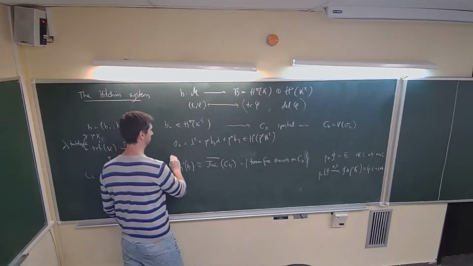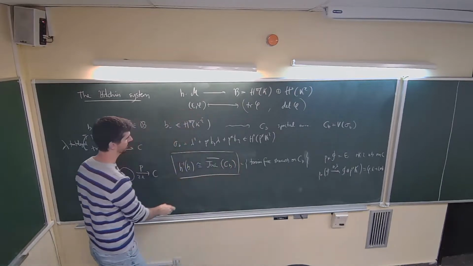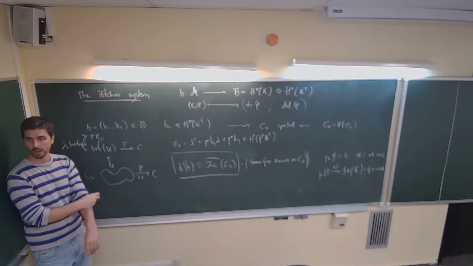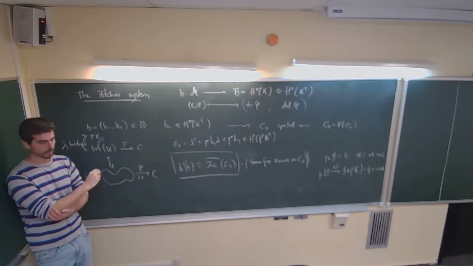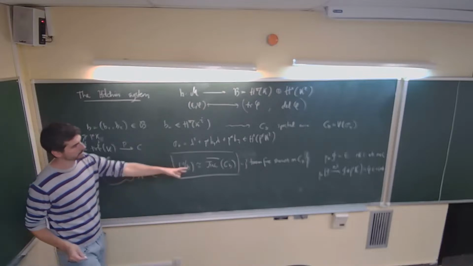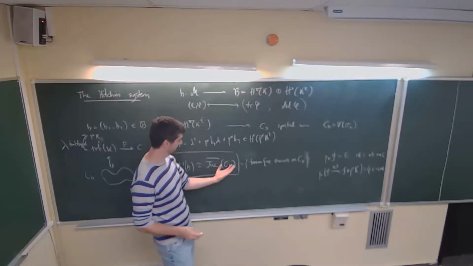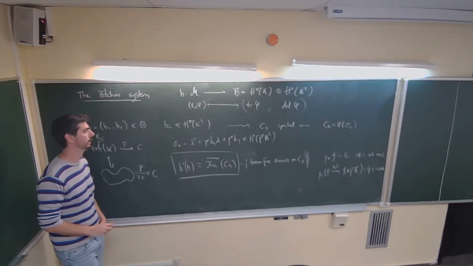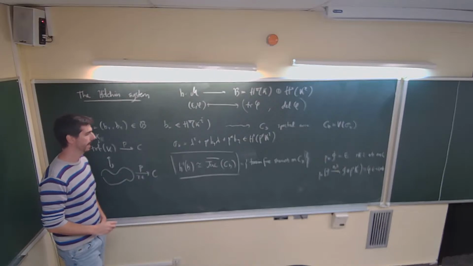So we have a description of the fibers. They are these compactified Jacobians. They are compact by a result of Simpson, because we're classifying sheaves over a projective variety, so we get a projective variety again.